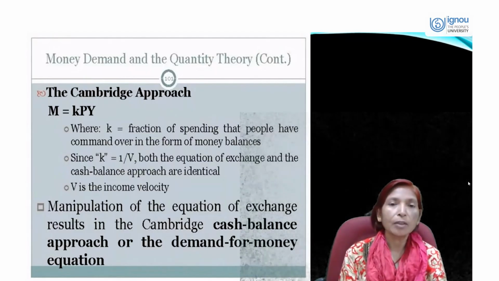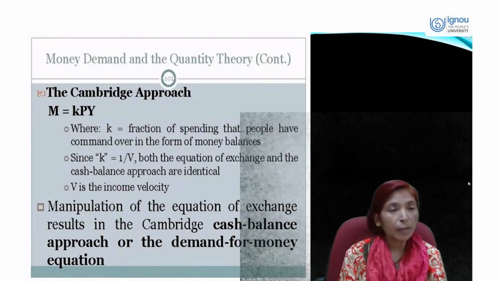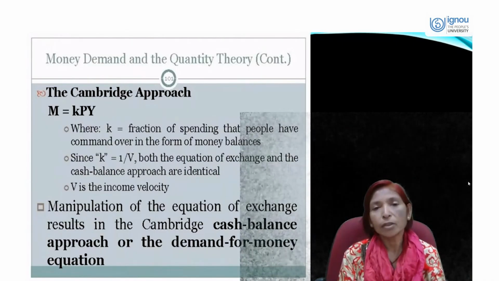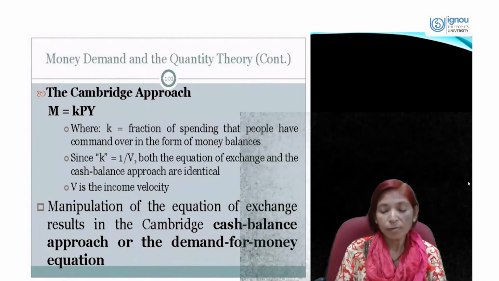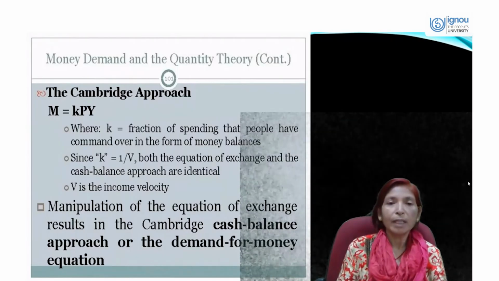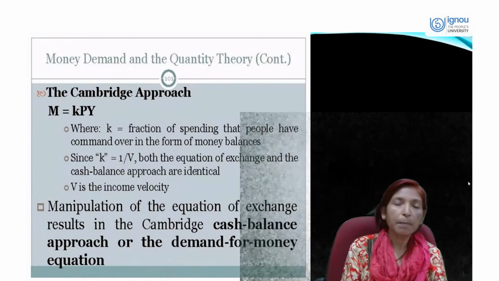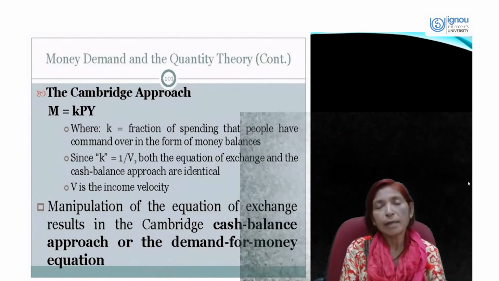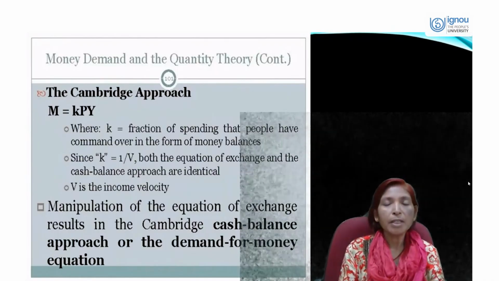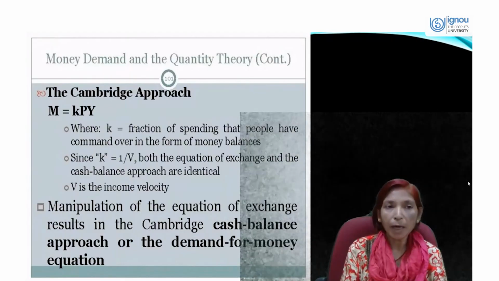And if the quantity theory of money is related with money supply, then it is related with Fisher's quantity theory of money. Because Fisher explained this theory with the help of the relationship between money supply and price level. But the cash balance approach or Cambridge University's approach is based on money demand.